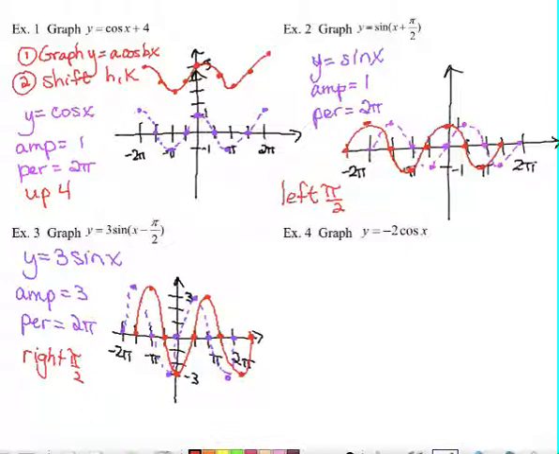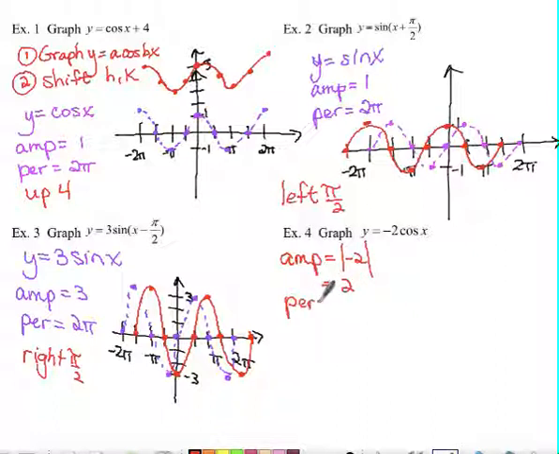So when I do this one, remember how in 14.1 I kept telling you, I know it seems silly that I'm putting the absolute values around a, because they were all positive, and I said it's because what's coming, a can be negative. So the definition of amplitude is 1/2 the distance between the maximum and the minimum. Distance is non-negative, so it doesn't make sense to say amplitude's negative 2.